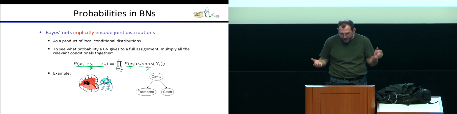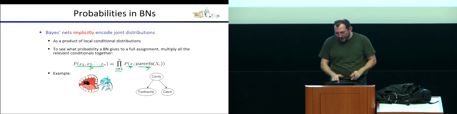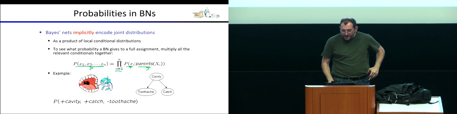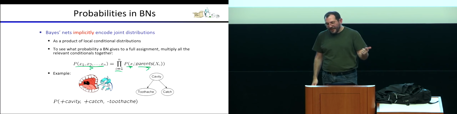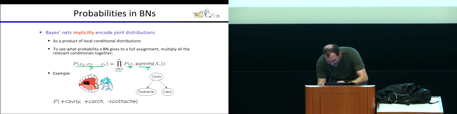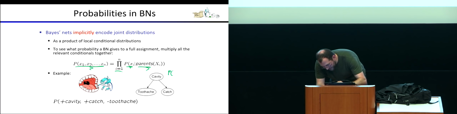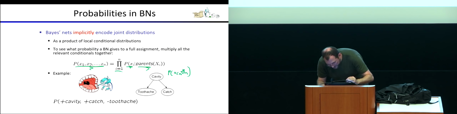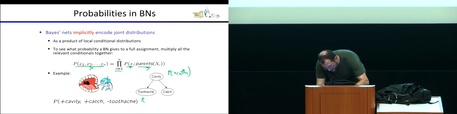So here's an example. Cavity causes toothache, cavity causes catch. So what is the probability of plus cavity plus catch but minus toothache? Well, I don't know, but living in the catch node is probability of plus catch. And living in the toothache node is probability of minus toothache given plus catch.